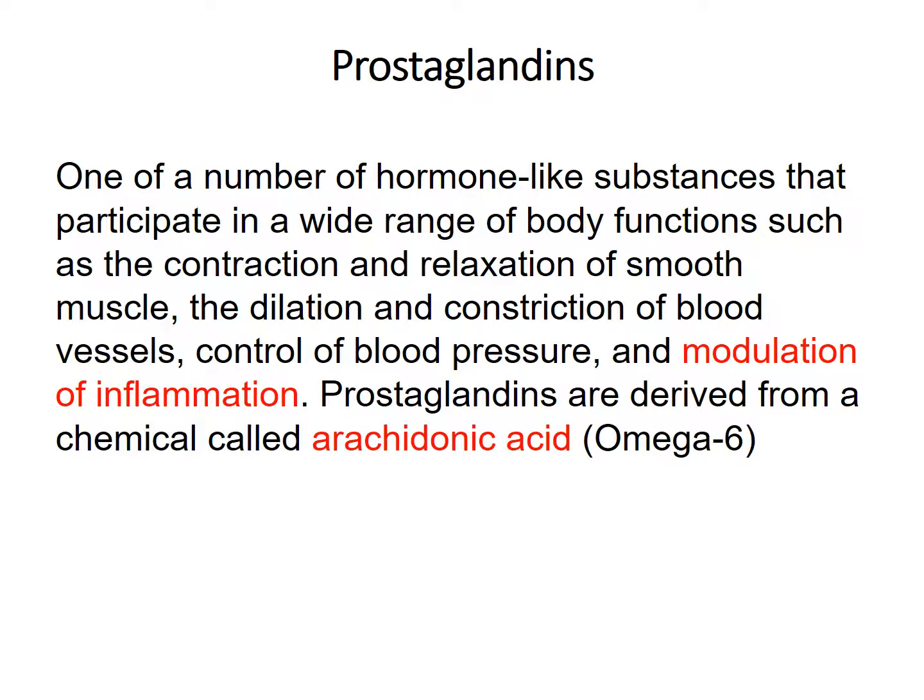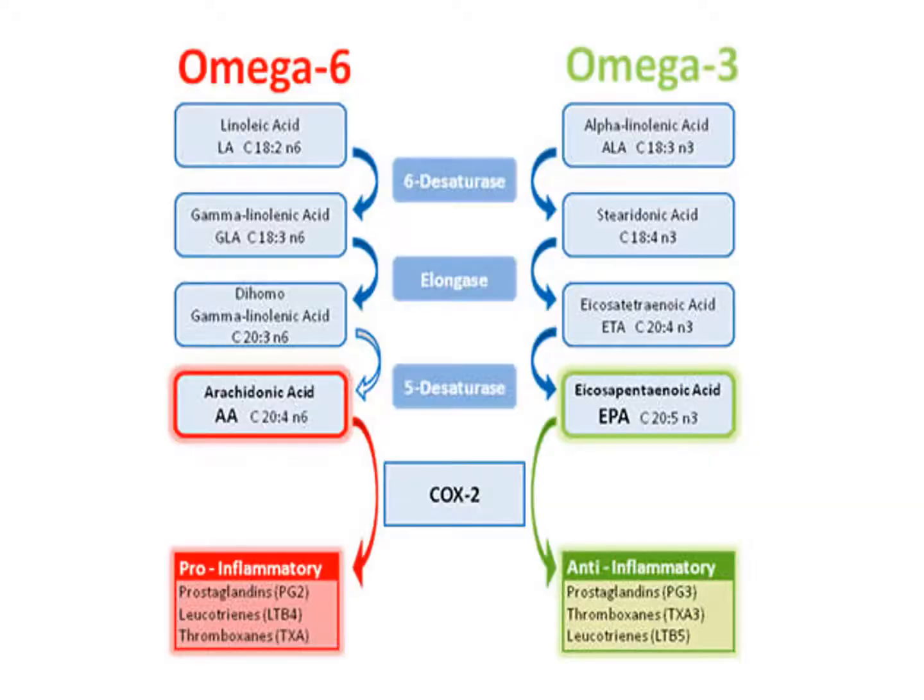Just to talk a little bit about prostaglandins. Prostaglandins, as you can read, basically have an effect on inflammation, but there are different kinds of prostaglandins. So I'll show you a little chart here in a sec. But the ones from omega-6, the arachidonic acids from omega-6, are basically pro-inflammatory. So these are not good prostaglandins. As you can see from this chart on the left, you see the omega-6s, which are linoleic, and you go through these conversion steps.